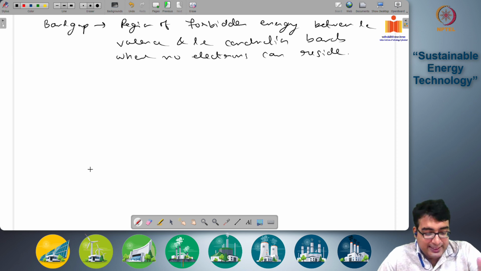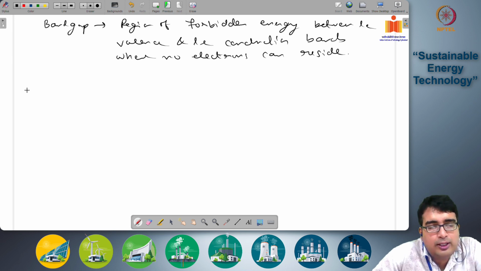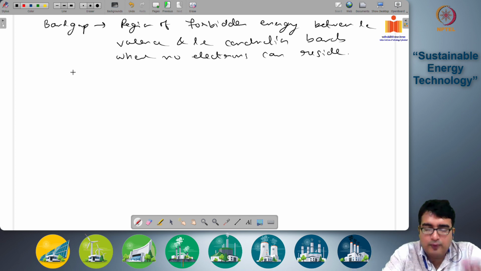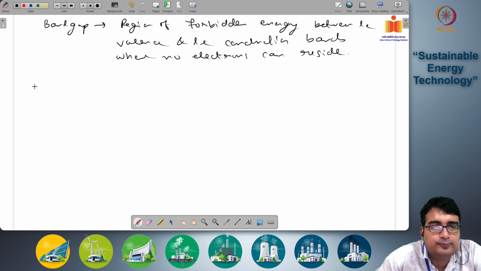Now we will discuss two interesting facts. The solid materials can be separated into electrical conductors, insulators and semiconductors. We will see what the differences between them are.